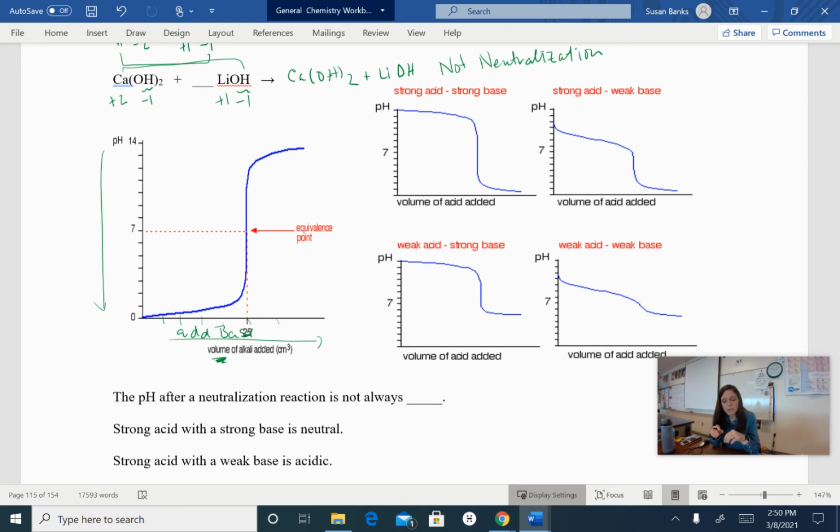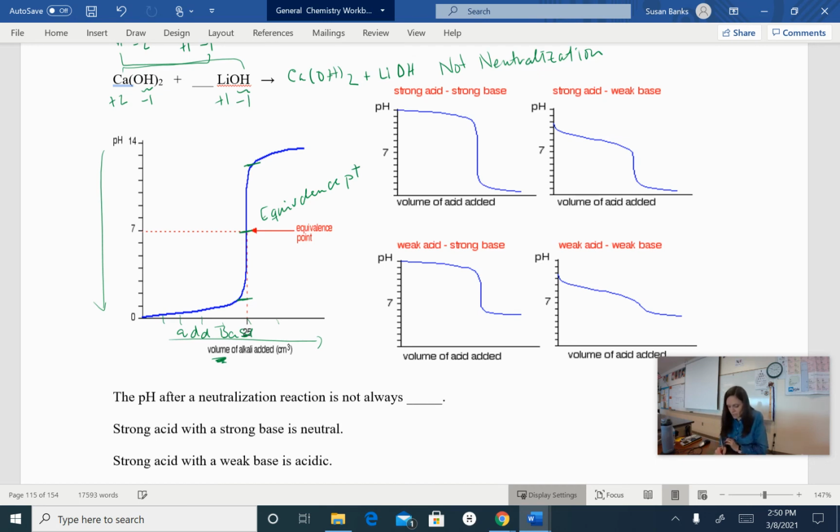When we look at them, we always want to look in the middle of this very steep thing. So right dead in the middle is what we call the equivalence point. That's the point where we have equal acid and base.